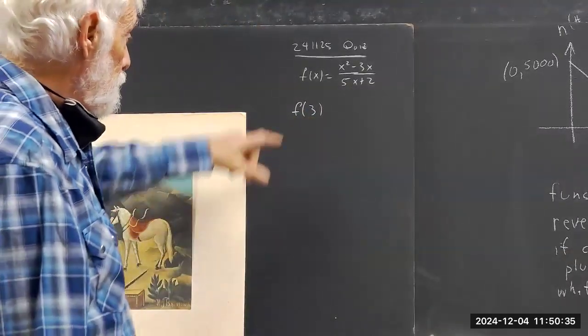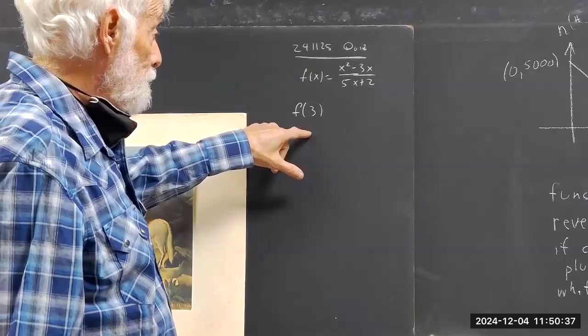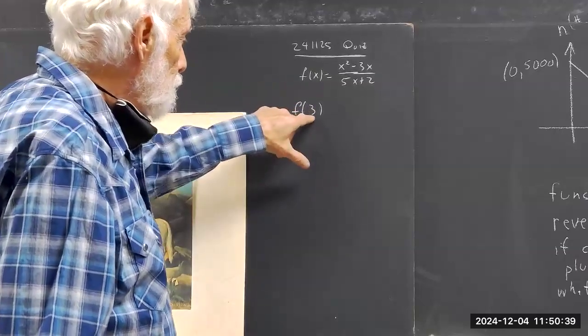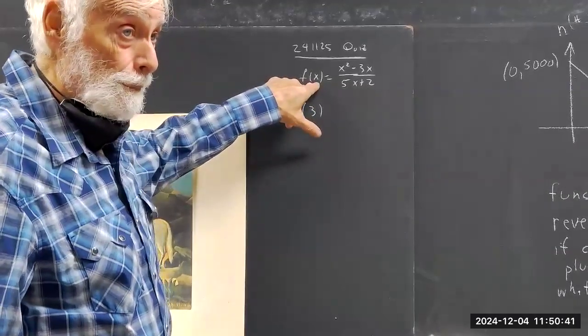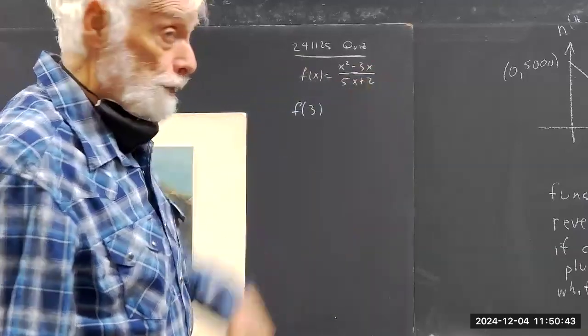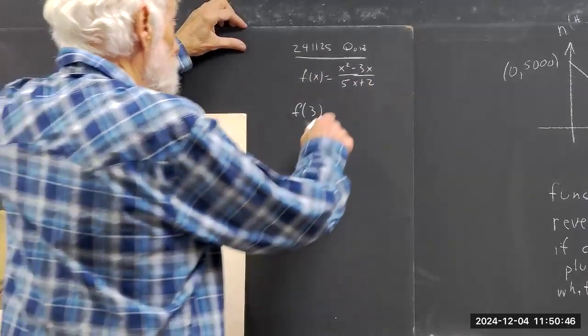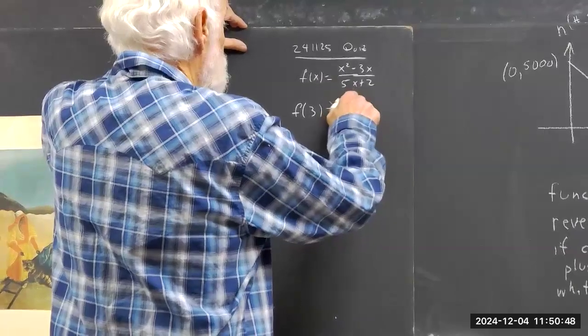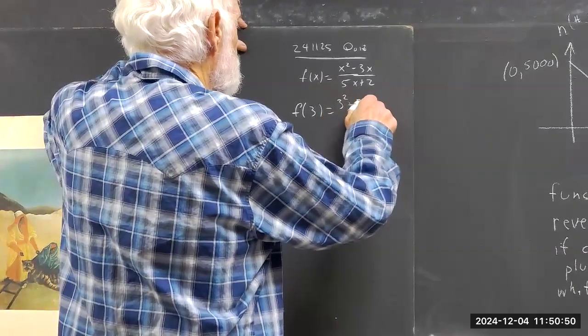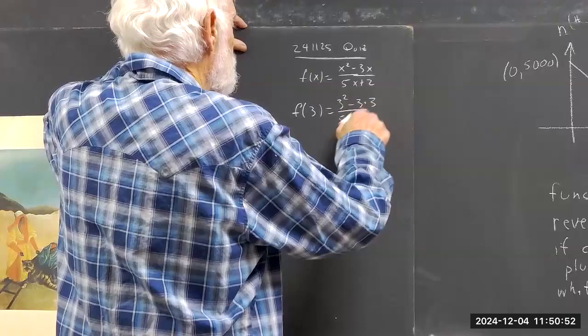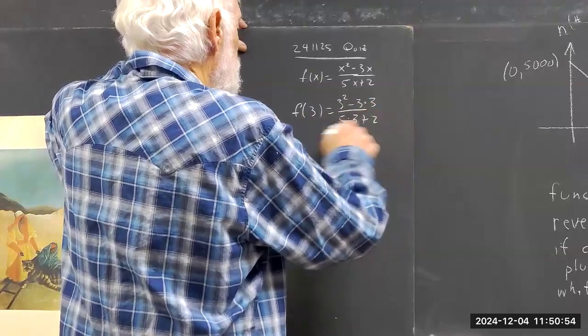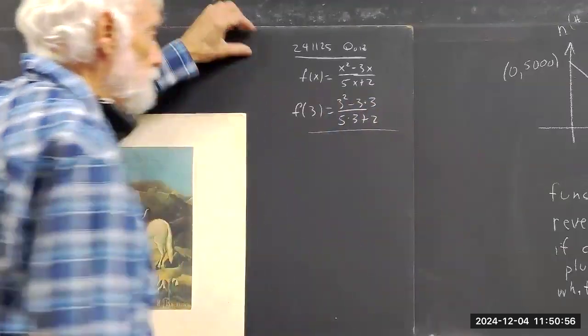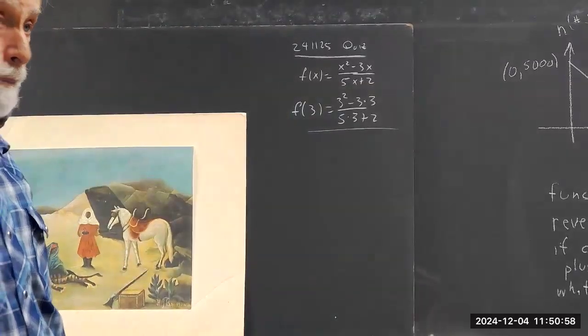The key is x is 3. When you write f of 3, you've replaced x by 3. So you replace all these x's by 3. And that gives you 3 squared minus 3 times 3 over 5 times 3 plus 2. And I'm not going to do the arithmetic because I'm just demonstrating what you need to know.